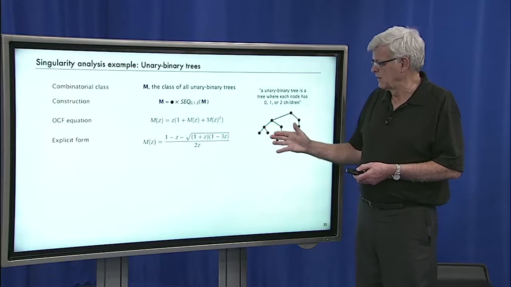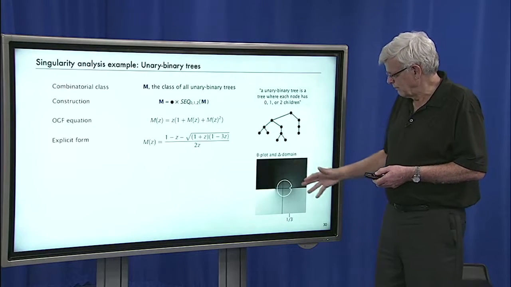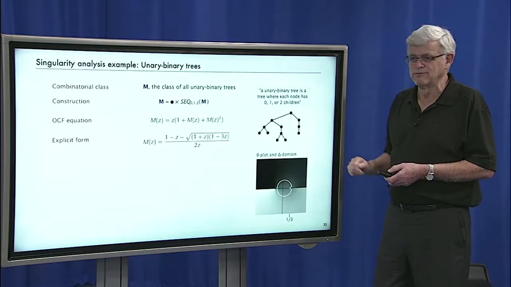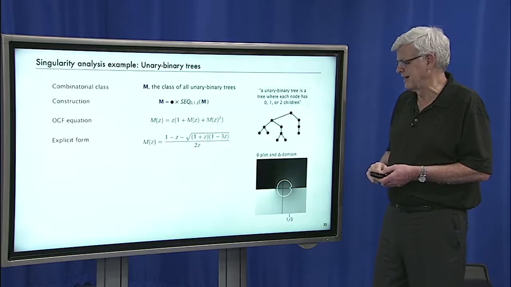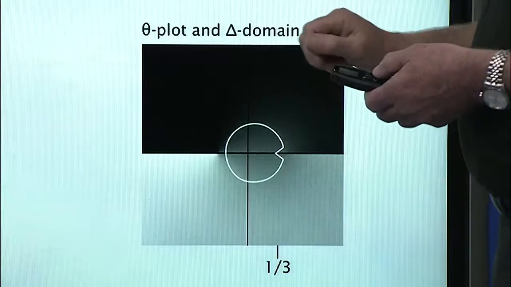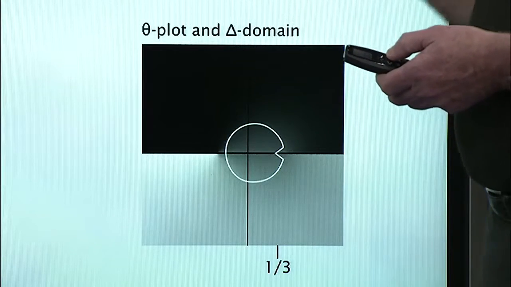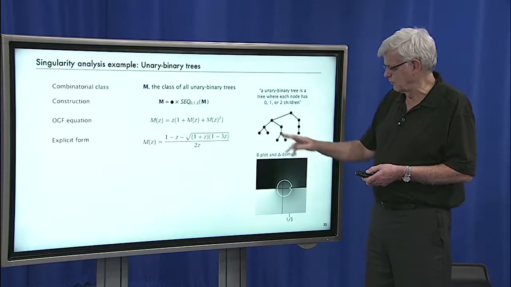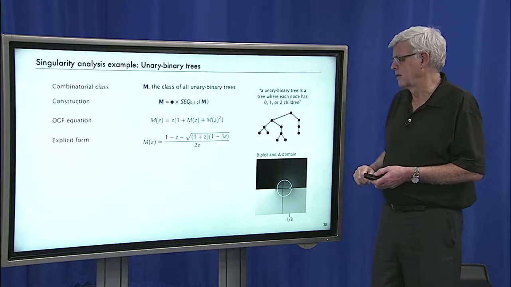So what we're going to do is, you can plot that function and figure out that there's room for a Pac-Man region where it's analytic. And that singularity is at z equals 1/3, remember.